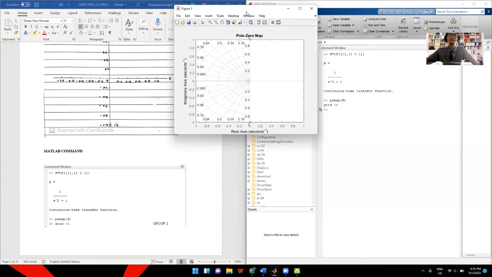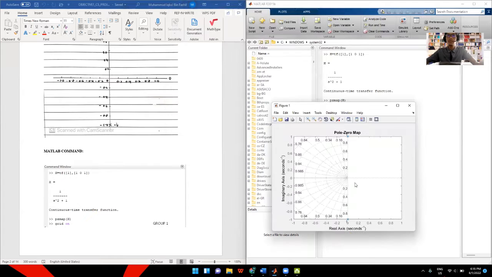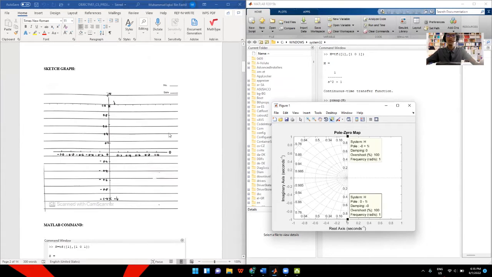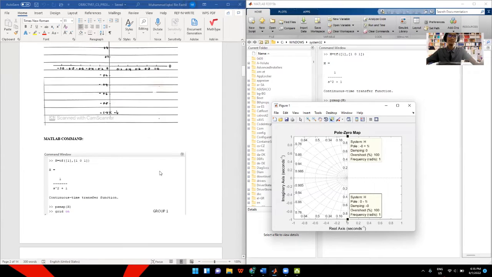Sorry, this is the pole zero map. So here, we get i and negative i, 1i and negative 1i. So we get the same value from the calculation and MATLAB.